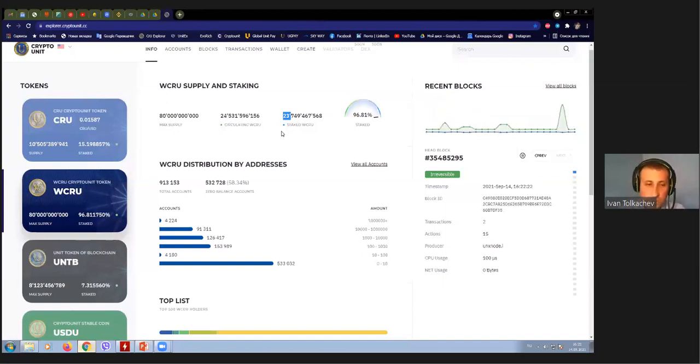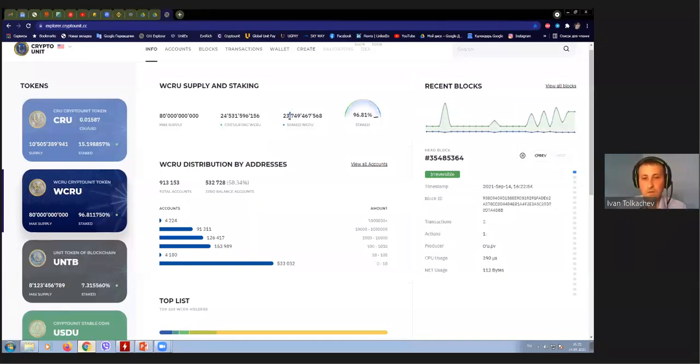World CRU token could be in two states, either frozen or unfrozen, and all the World CRU tokens in circulation are frozen, and they will start to unfreeze in mid-March, late February 2022. And therefore, now the best option is to stake these tokens and to get income as UNTB.